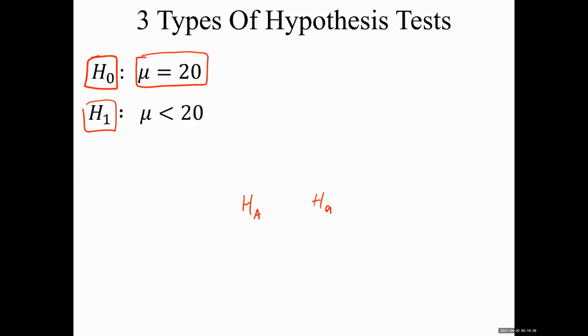The null hypothesis is the king's claim. The alternate hypothesis is the peasant's claim. In this case, the peasant is saying mu is less than 20. So it's just like what we saw on the first slide. Okay, so this is one type, where the peasant says less than, because again, the king will always say equals. This is exactly the claims on the first slide that we looked at today.